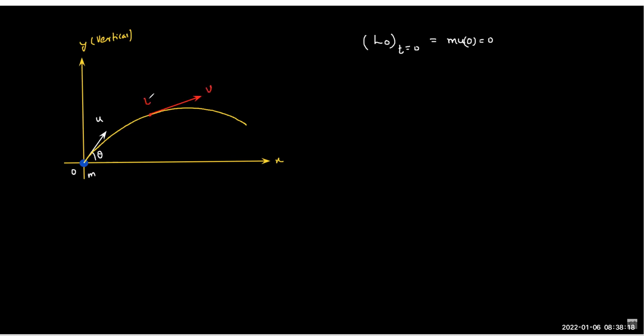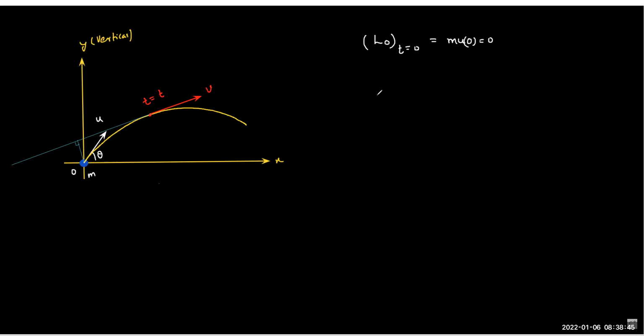I'm saying this velocity vector is at t equals t. And if I extend this line backward, we can see that the point O has some separation, and therefore we cannot say the angular momentum will be 0 right now.